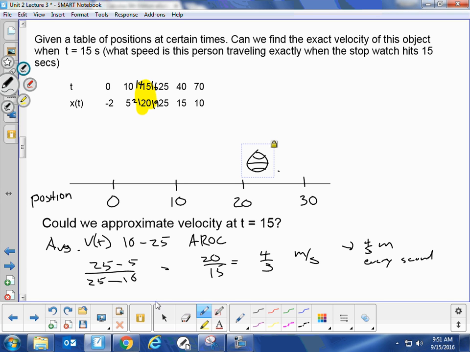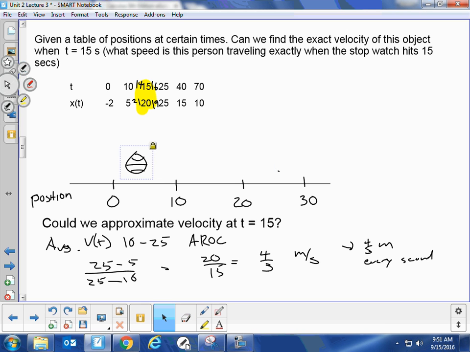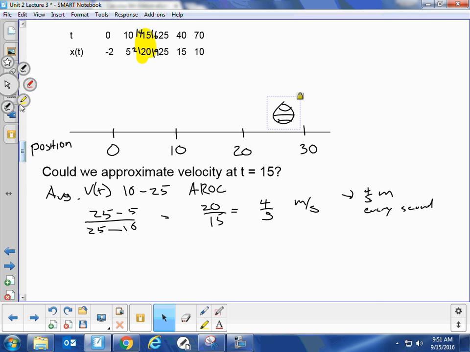Well, that's interesting. That means I actually went from position 5 to position 21, then through 20 to position 19, and then back up to 25. So all of a sudden, things are changing.